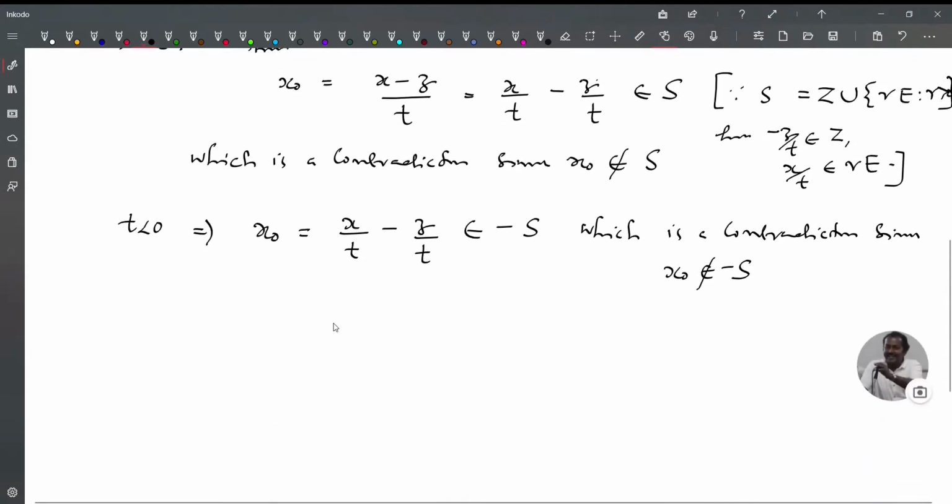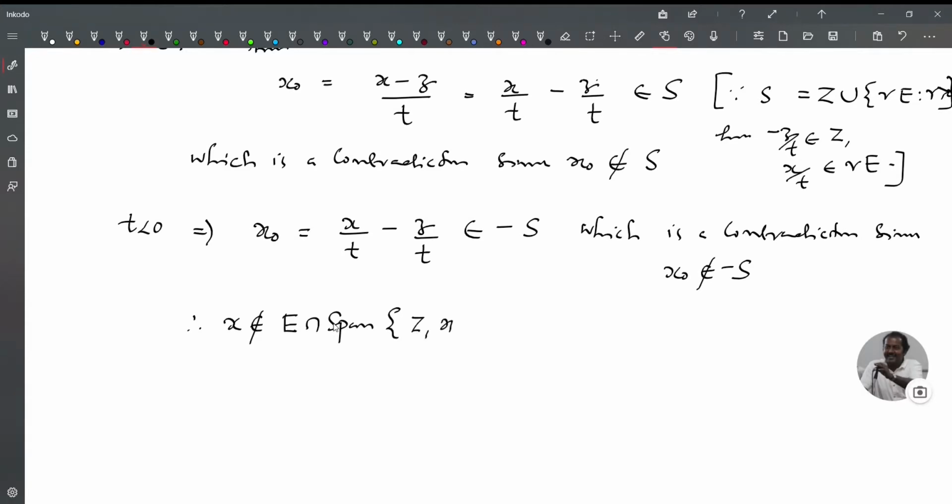Therefore, x cannot belong to E intersection span Z x₀. Therefore, E intersection span Z x₀ is empty.